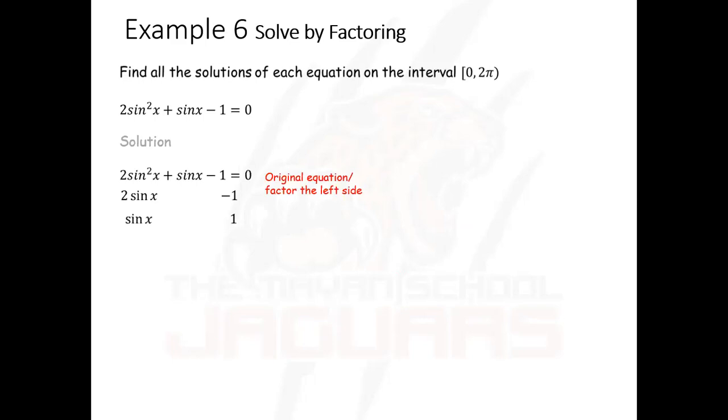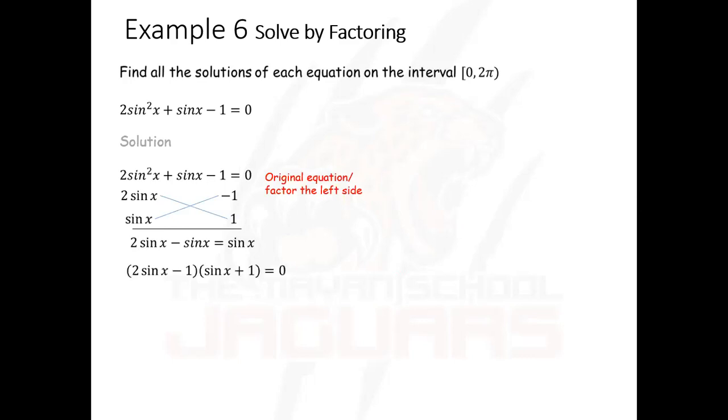To check if these are the factors, we multiply across: 2 sine of x times 1 and sine of x times negative 1. We add the products, sine of x minus sine of x, and in this case the answer equals sine of x. This is exactly the expression in the middle, so the trial and error method works.